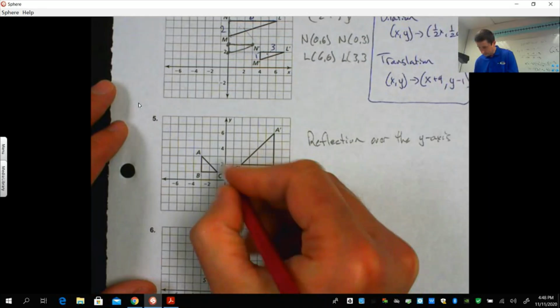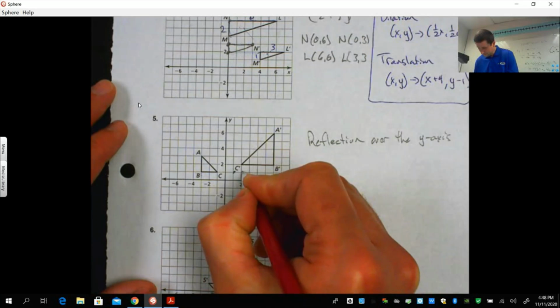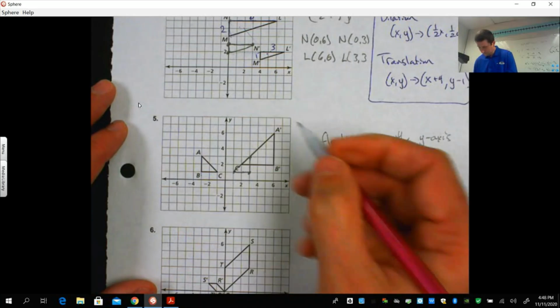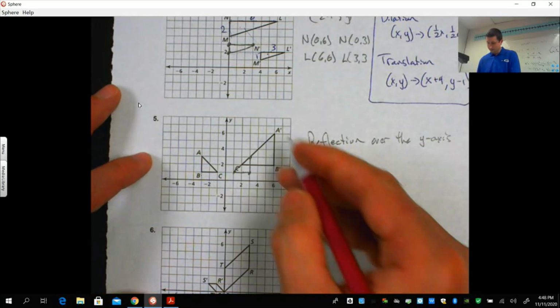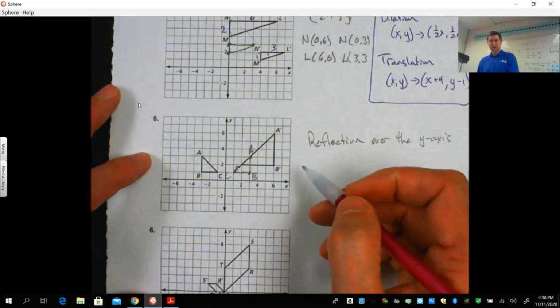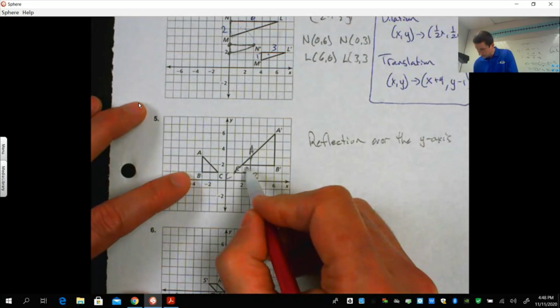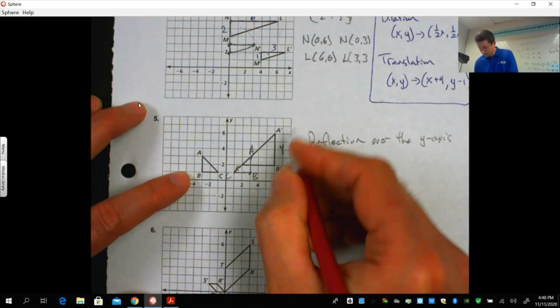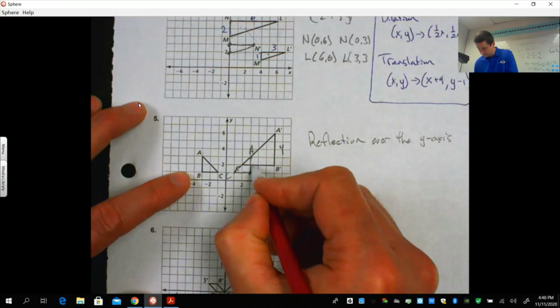So I'm going to reflect it over the y-axis, keep everything else the same. So here's my A, B, and C. Now my shape has gotten bigger, so I'm going to count 1, 2, 3, 4, 1, 2, 3, 4. So this is 4 over here, and this one is 2.